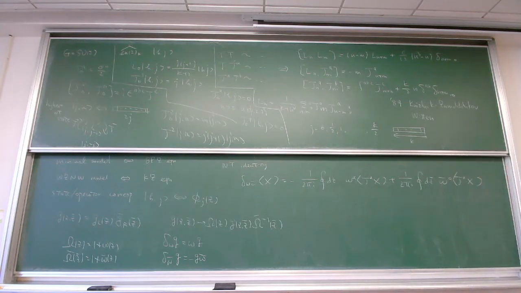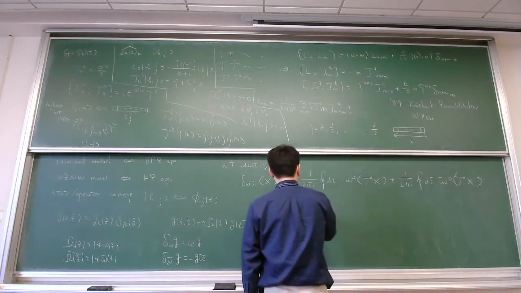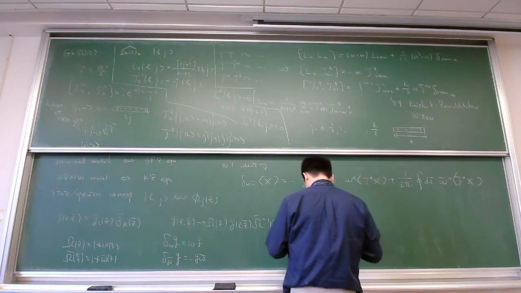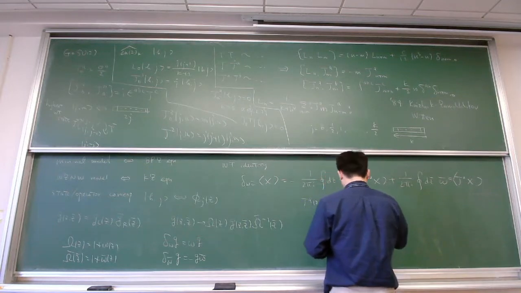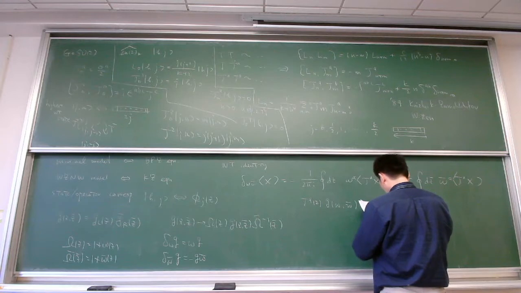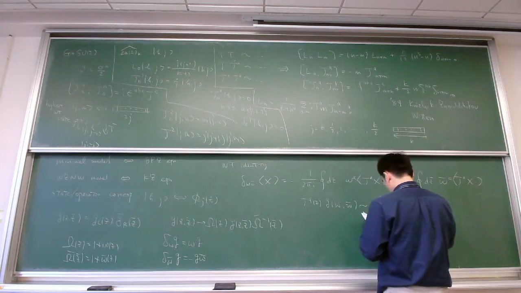And from here, one can just derive that the OPE with this field, the J^A of z and G(w, w bar), is indeed minus T^A G(w, w bar) over z minus w.